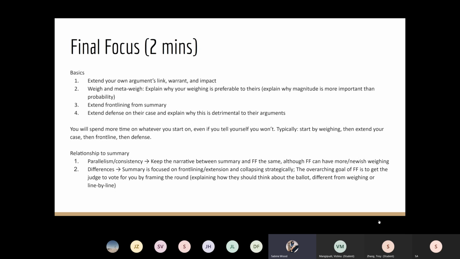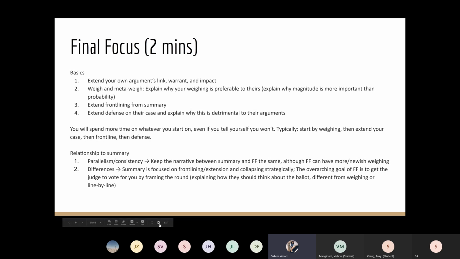And then you also want to focus on weighing, and beyond just weighing, you want to do what's called meta weighing, which is explaining why the way that you've chosen to weigh the round is preferable to the way that your opponent has. For example, if you're saying that your impacts are high magnitude, and so you need to vote for the impact that affects the most people, you should also explain why magnitude is more important than, say, probability, because maybe your opponents have argued that their impact is more probable, so it's easier to vote for.